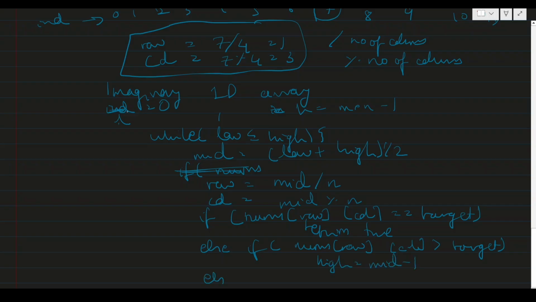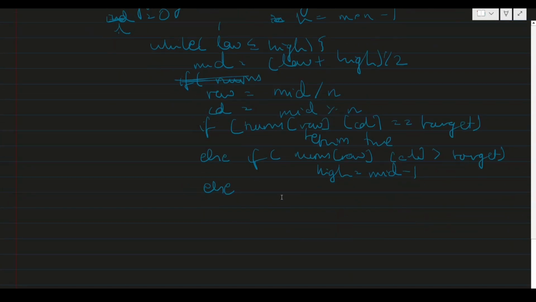Else if nums of row col is smaller than the target, the target is a larger value, so we move the low pointer to mid plus 1. If we don't find it after the binary search, we return false.